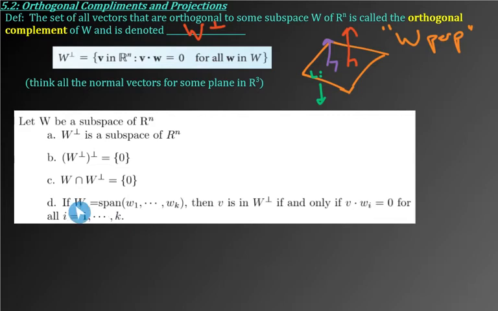It's basically saying if a space is spanned by W1 through WK, V is in W perp if and only if V dotted with any of these things equals 0, right? That's just what it means. Like, we're just saying take this purple vector and dot it with some vector down here in the plane, and they should be perpendicular, so you get a 0 dot product, right?